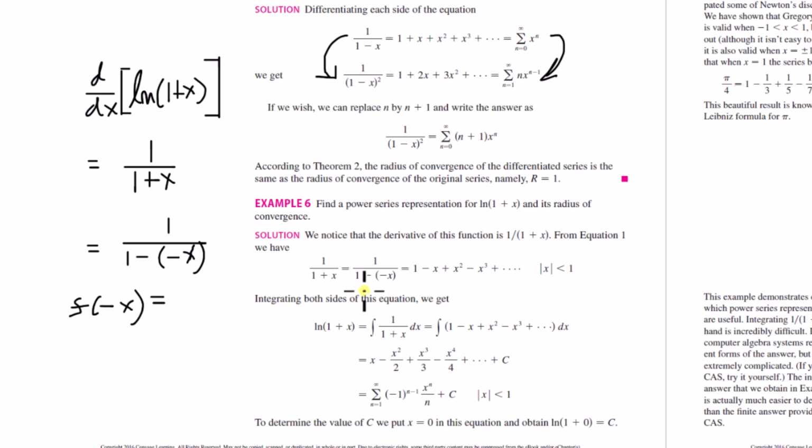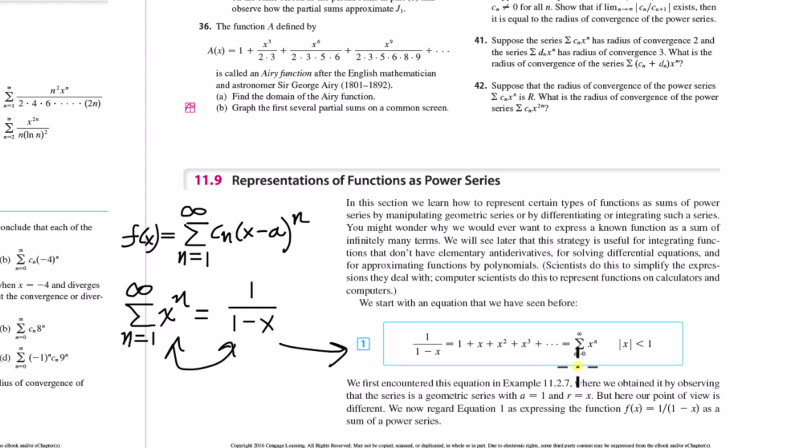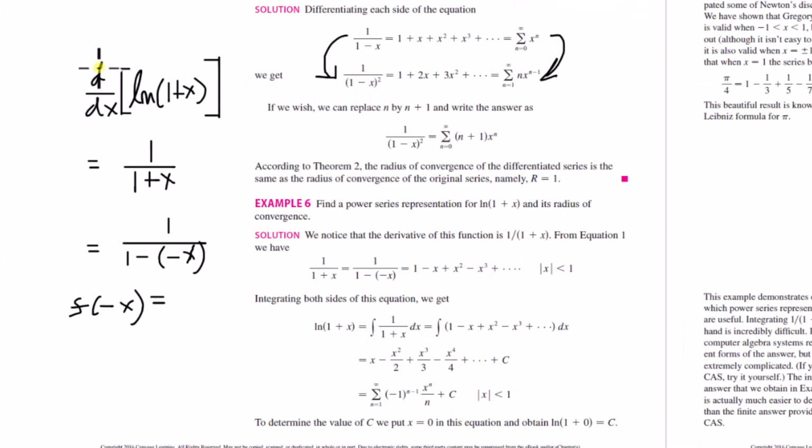So, here's 1 over 1 plus x. Because this is equal to this, right? And so what do we have here? If we come back, this was the sum from n is equal to 0 to infinity of x to the n. That's what the original function was, 1 over 1 minus x. So this is f of x.